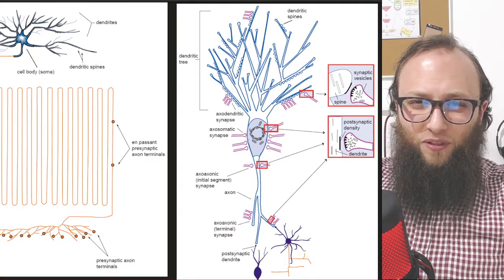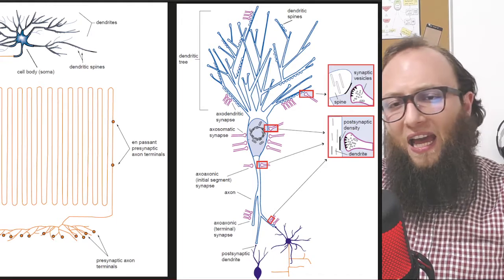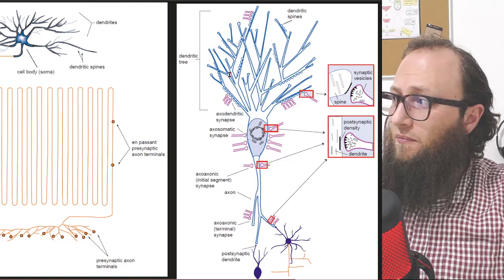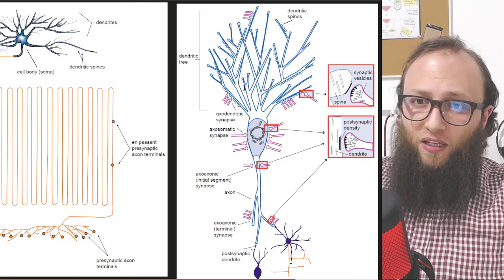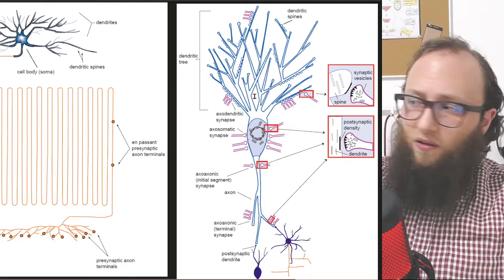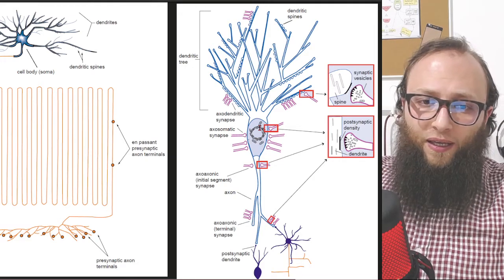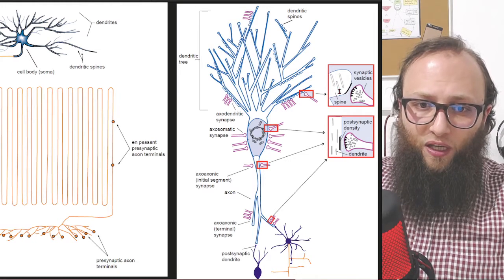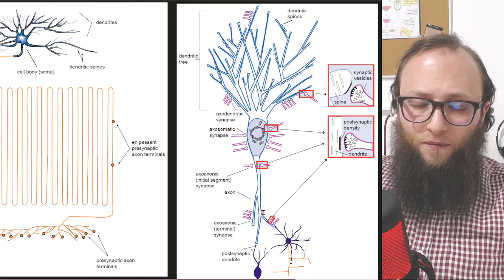But here we have some information about the axodendritic, axosomatic, and axonic connections. So, as you can see here, we have the cell body, the soma, and here we have the dendritic tree, and here we have the axon.